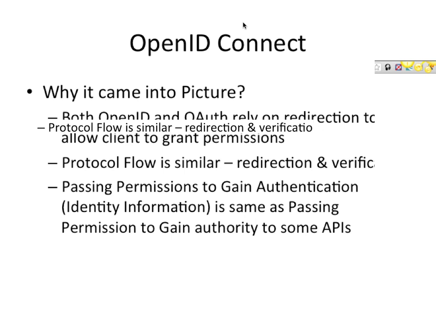Because both OpenID and OAuth rely on redirection and allowing clients to grant permission. This is the basic thing which is common. The protocol flow is similar: redirection with verification and passing permission to gain authentication, which is about who you are or getting your ID, is similar to passing permission to gain authority to some APIs. So a lot of things are common.